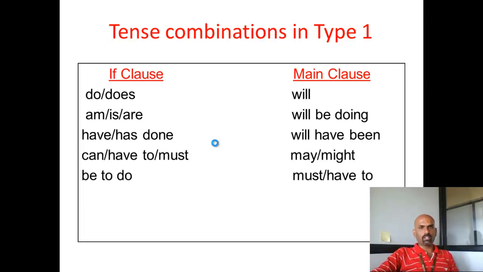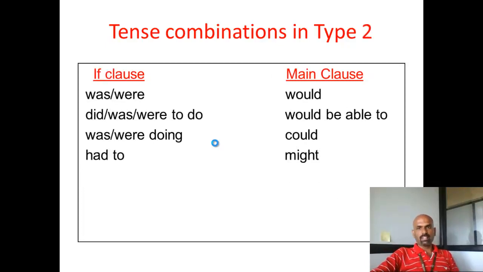But remaining examples I'll explain in the next video. These will be doing forms can also be used in the main clause in the first condition, but that kind of example I'll give in the next advanced level conditional clauses video. As of now, just keep in your mind present tense in the if clause, future tense in the main clause.